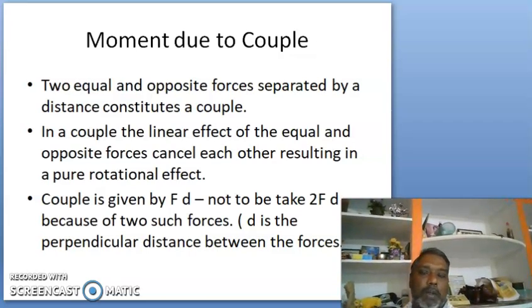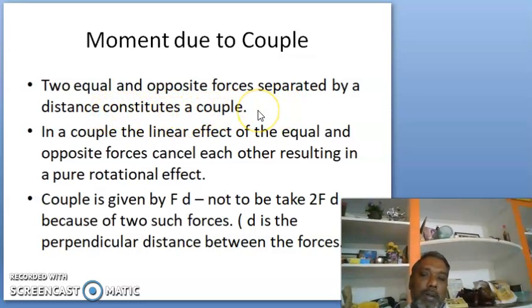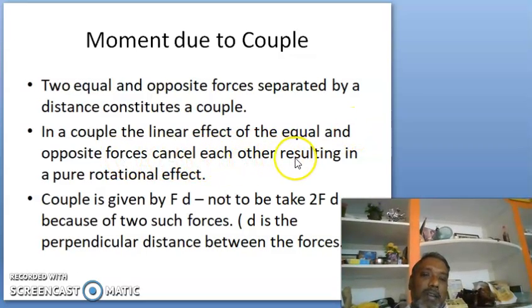Moment due to a couple. Two equal and opposite forces separated by a distance constitute a couple. So it is actually a couple of forces which we shortly call a couple. In a couple, the linear effect of the equal and opposite forces cancel each other, whereas the pure rotational effect is provided because of the distance between the two forces.